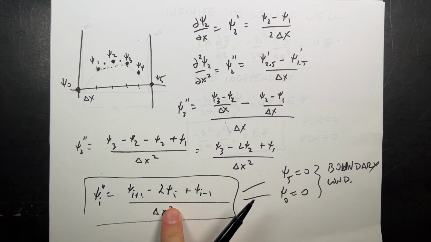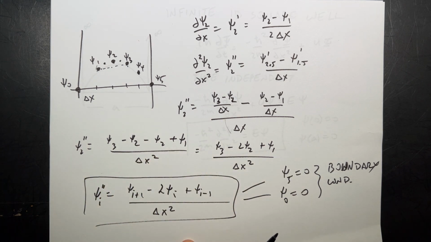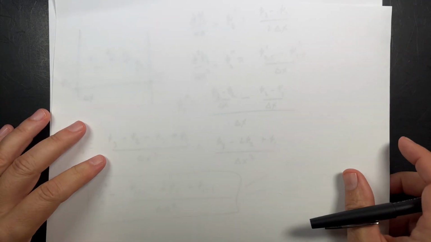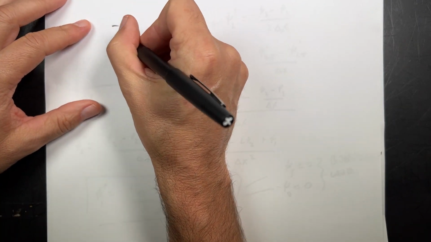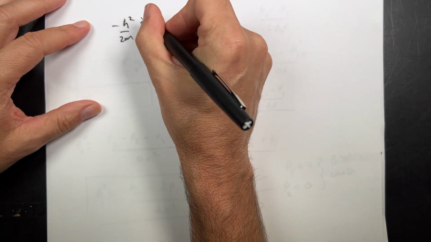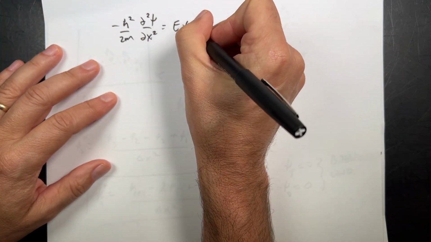But now that I have an expression for the derivative, I can write an expression for the ith element using Schrodinger's equation. So remember that the one-dimensional time-independent Schrodinger equation in this well is negative h bar squared over 2m, second partial of psi with respect to x equals E psi.